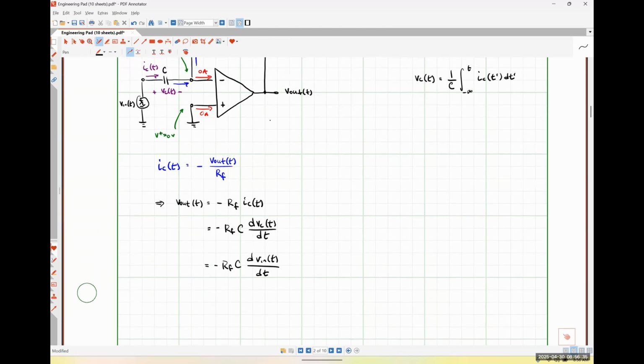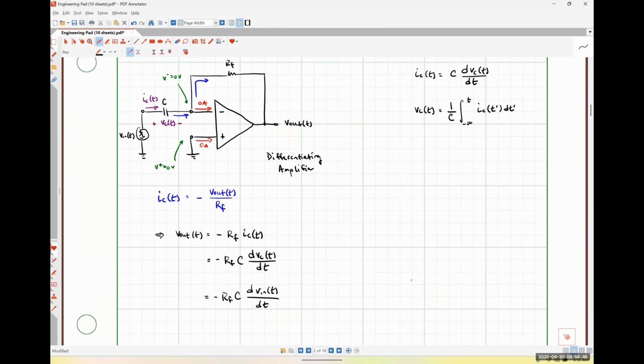So this is an example of a differentiating amplifier from an analog signal processing standpoint.